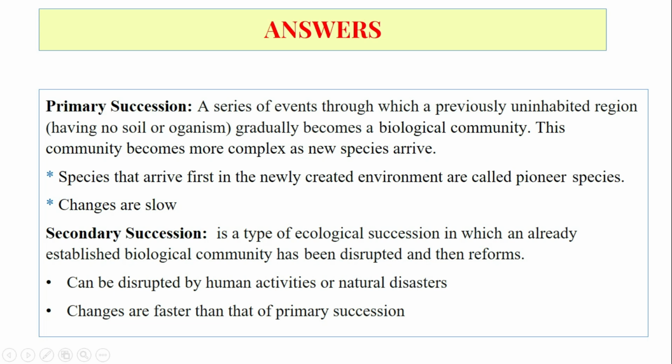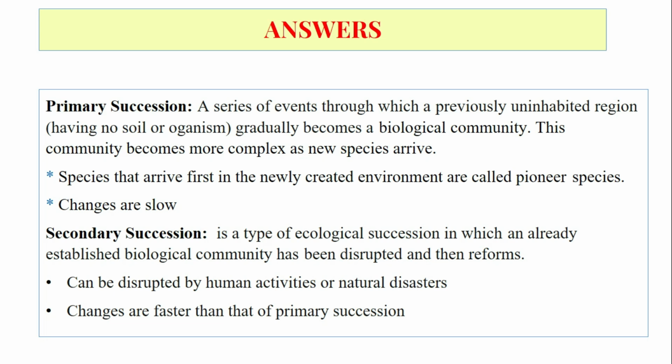And for the secondary succession, which is a much faster change, let me read, is a type of ecological succession in which an already established biological community has been disrupted and then reforms.